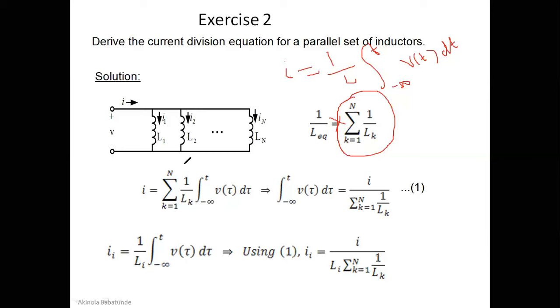So if this is our I, if you rearrange this, it simply means if you make just this integral of V of t dt the subject here, this would be equal to I divided by, you divide both sides by this summation. So that means you have I over this summation of all the inductors will be equal to integral of V of t dt from minus infinity to t, if you just rearrange that mathematically.